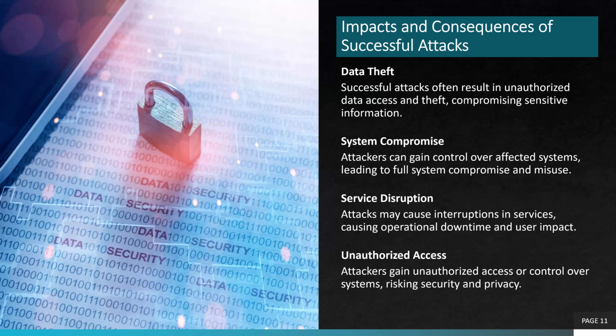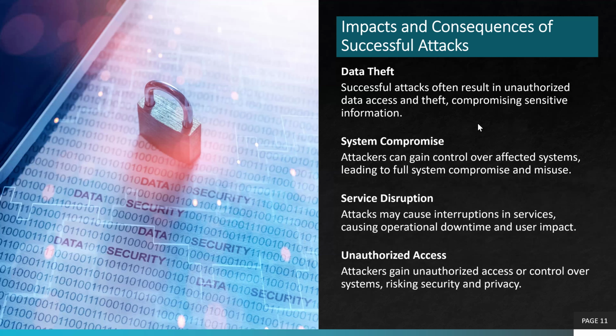Unauthorized access: attackers gain unauthorized access or control of your system, risking security and privacy. This is another issue, because if they are unauthorized, they shouldn't be on your system no matter what. But if you have vulnerabilities, you cannot just tell them, no, you're not allowed, because we will prosecute you.